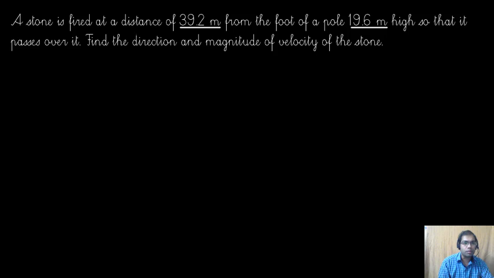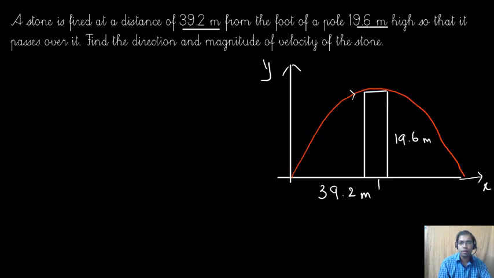Here we have a question. A stone is fired at a distance of 39.2 meters from the foot of a pole 19.6 meter high so that it passes over it. Find the direction and magnitude of velocity of the stone. So first we will go ahead and draw a diagram for it. So here we have, along the x and y axis, a two-dimensional graph.